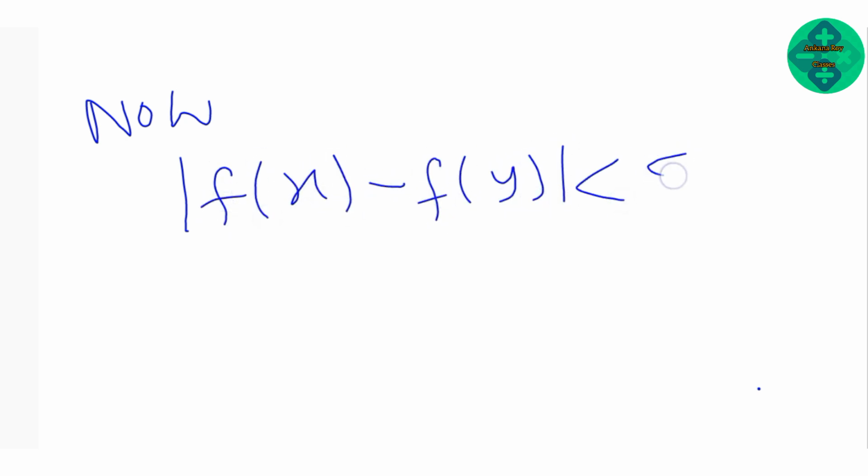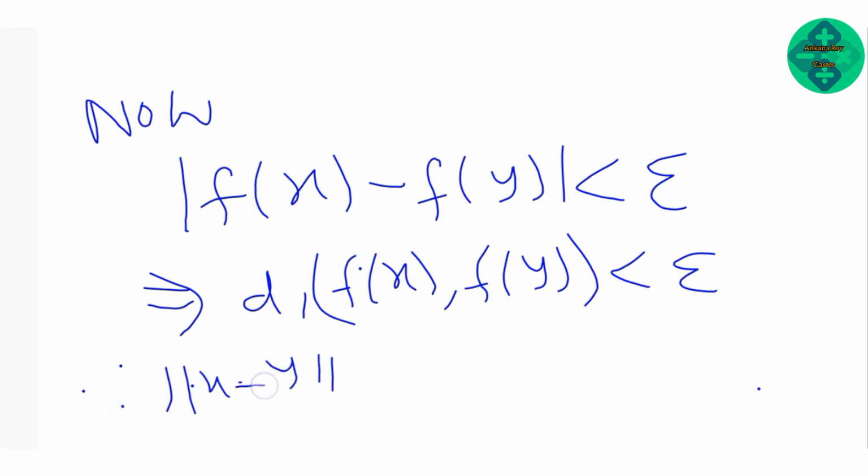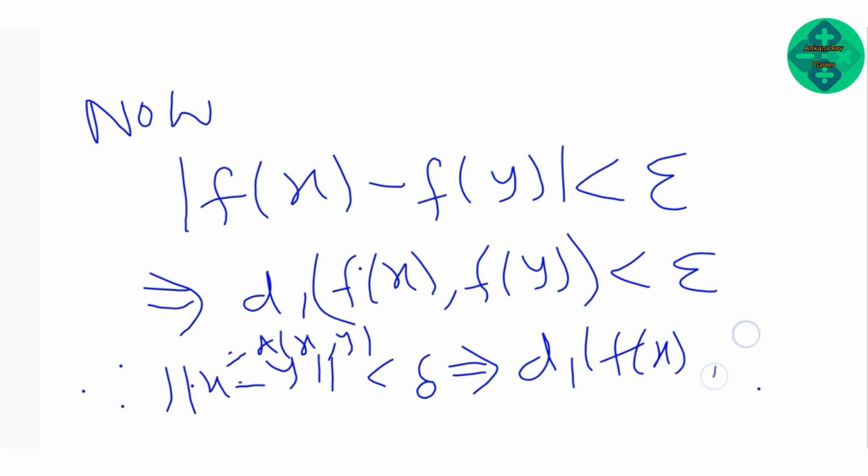Now norm x is equal to f of x and norm y is equal to f of y. Therefore we can write mod of f of x minus f of y is less than epsilon. Now mod of f of x minus f of y is equal to d1 of f of x, f of y, which is less than epsilon. Therefore, whenever norm x minus y is less than delta, where norm x minus y is equal to d of x, y, this implies d1 of f of x, f of y is less than epsilon.